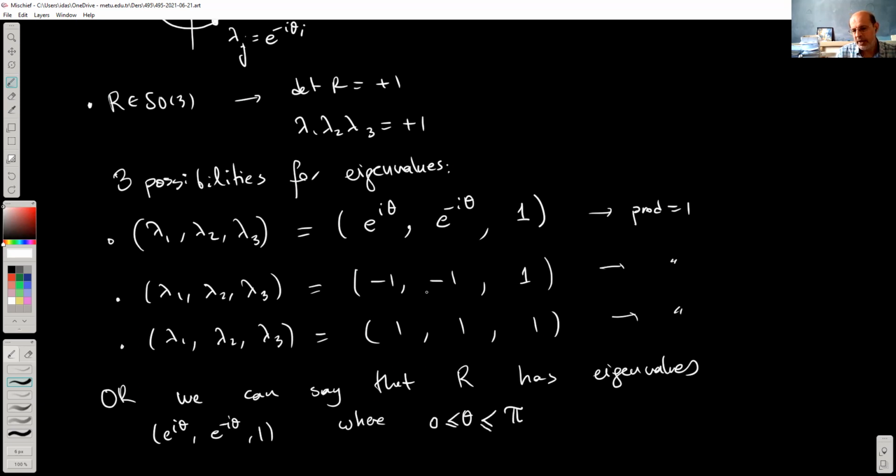And if it's equal to pi, then I include that possibility in here. So in this case, the first two eigenvalues would be equal, but for all other theta values, we are going to have this situation here, right?